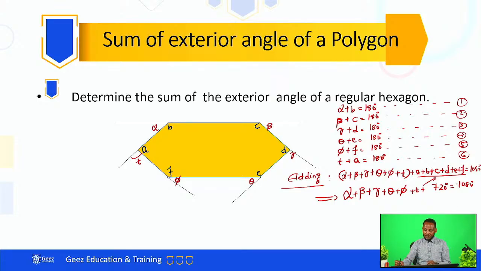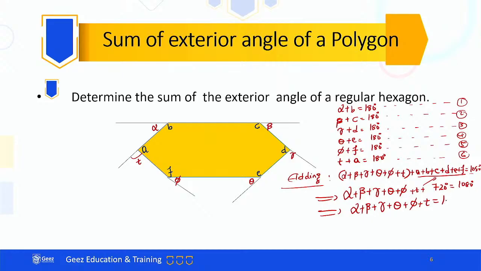Arranging like terms yields the following result: alpha plus beta plus gamma plus theta plus phi plus t is equal to 1080 degrees minus 720 degrees.